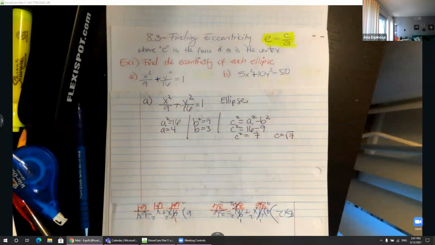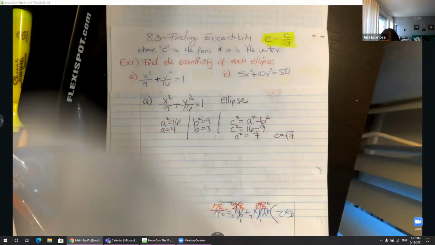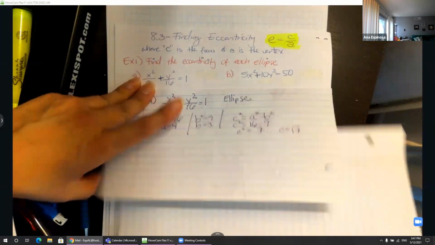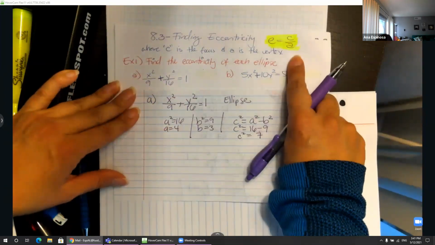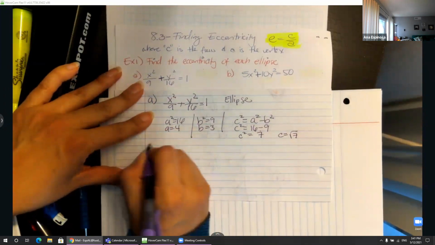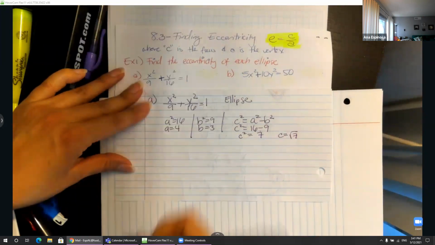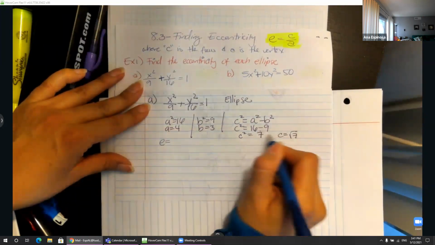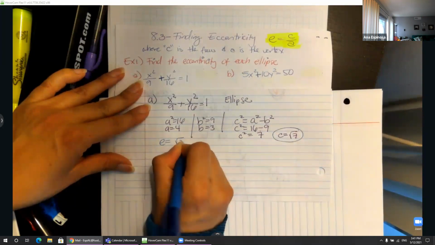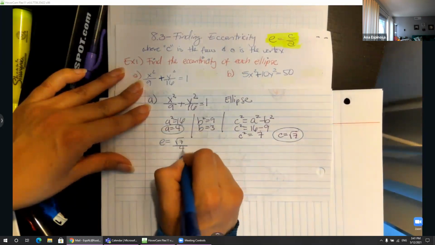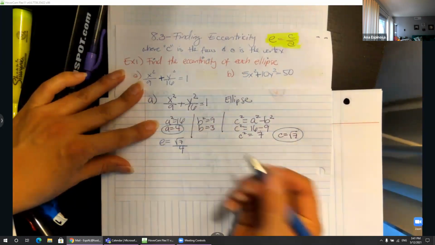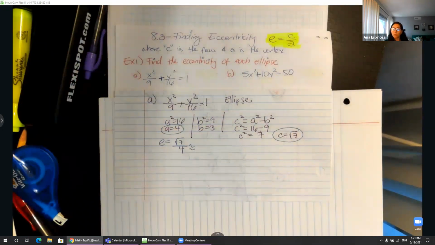Okay, now to find the eccentricity, very simple. Eccentricity is c over a. So eccentricity, your c is here, square root of 7 over your a. We needed to do all of this to figure it out. And then if they ask you to round it, then you would take square root of 7 and divide by 4.